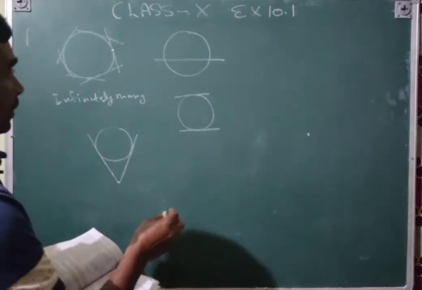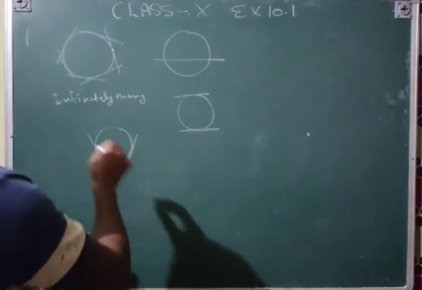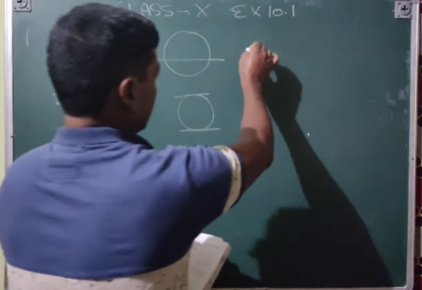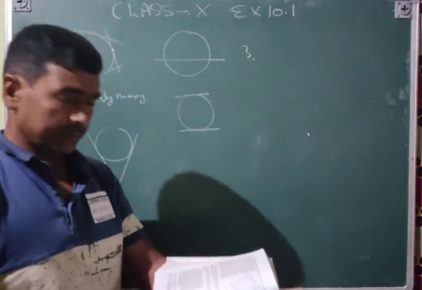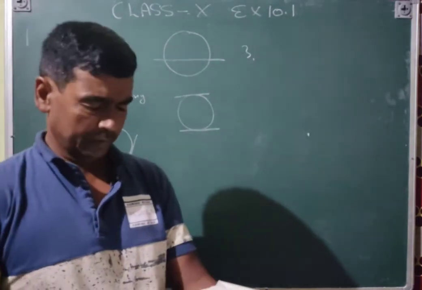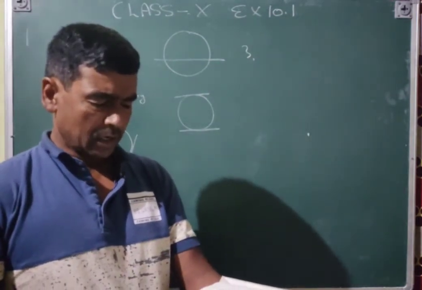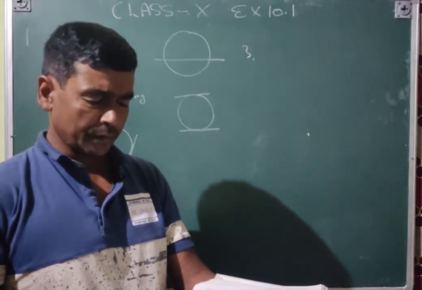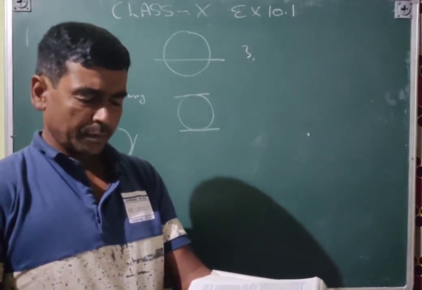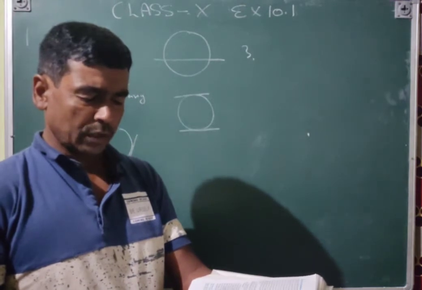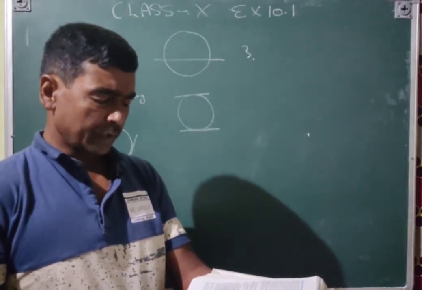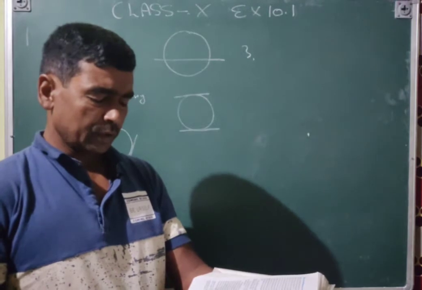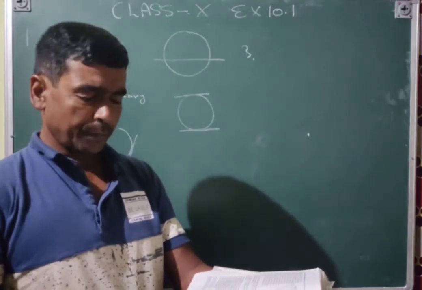Now the third question, this was the second question. The third question you will see here: a tangent PQ at a point P of a circle of radius 5 cm meets a line through the center O at a point Q, so that OQ is equal to 12 cm. Then the length PQ is equal to?